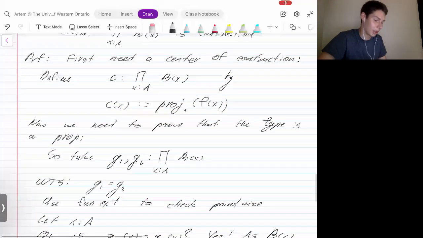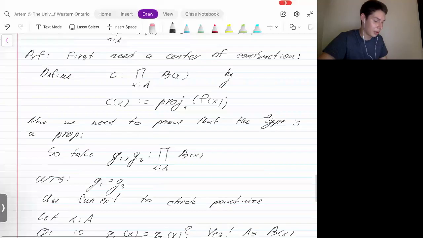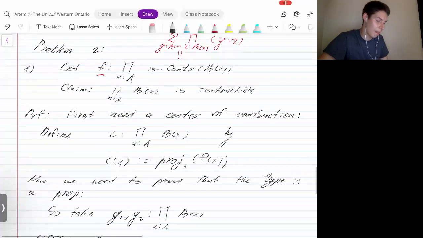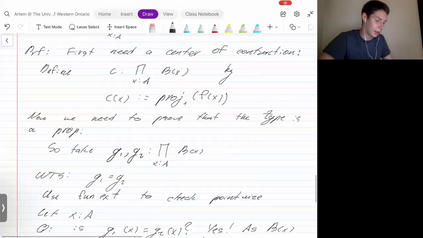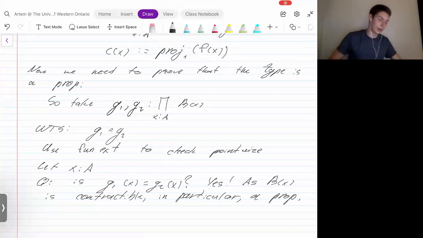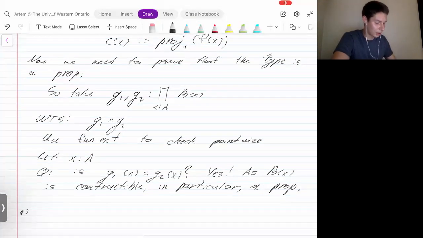So in particular, what we can do in type theoretic terms is apply F, which is our original element of this, F. I don't want to do that currently, but hopefully you understand how to get that. So contractibility implies propositionness, and as long as you have this proof of being a proposition, then you get all of your results.